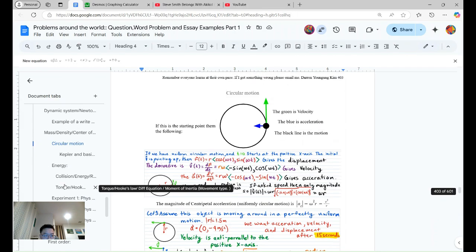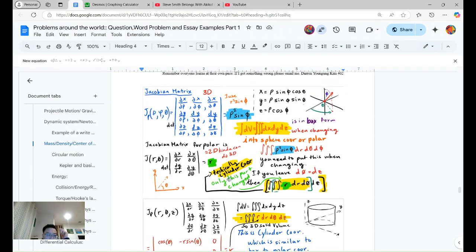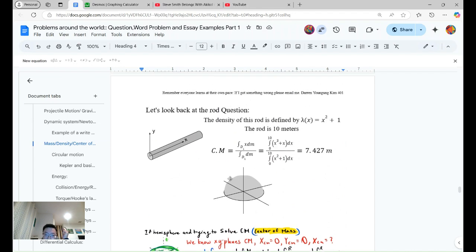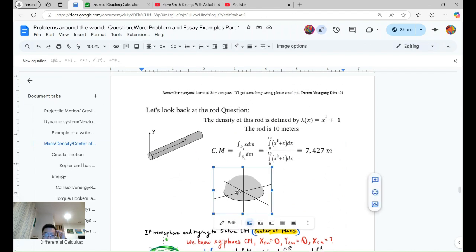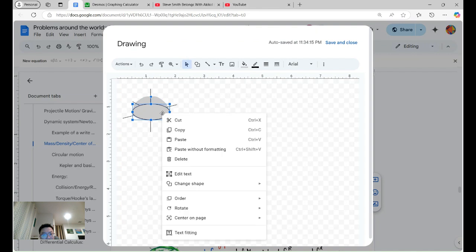So I got a lot done in this winter break. We have gone through a lot of things, and we're here in mass and density finally. Does that mean, what does that mean for me? Well, we will be doing more.